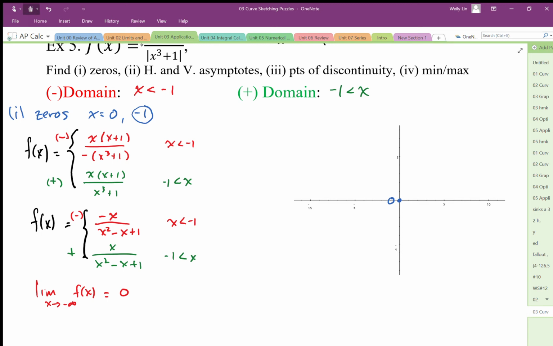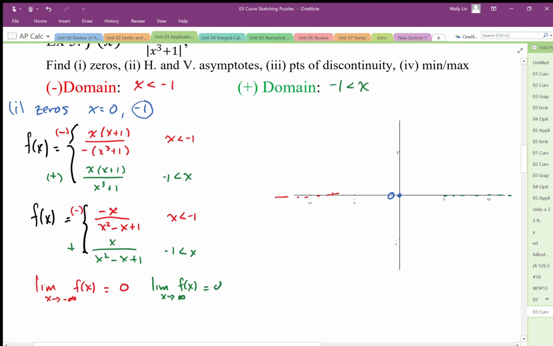And for the other part here, we're going to have the same issue. As x goes to positive infinity, we're going to have weak over strong, so we're going to have 0. So we're going to have a horizontal asymptote here, and a horizontal asymptote here. Okay, so as it goes out to infinity, it's going to go to those horizontal asymptotes.